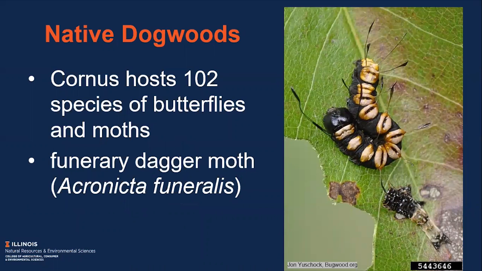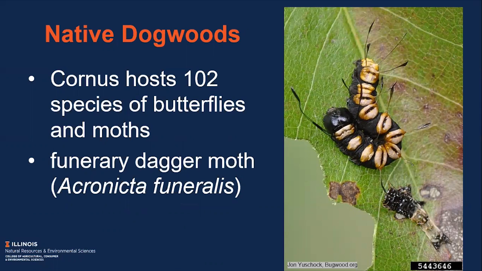So Cornus as a genus, there are quite a few native dogwoods, so there are a lot of dogwood options out there. And this genus is another one that supports a lot of different butterflies and moths, so 102 species in my area. And I just picked one that I thought was kind of interesting, the funerary dagger moth.